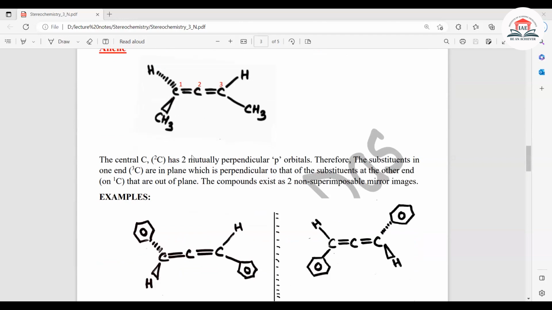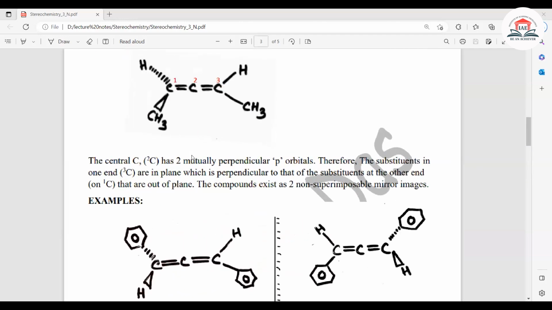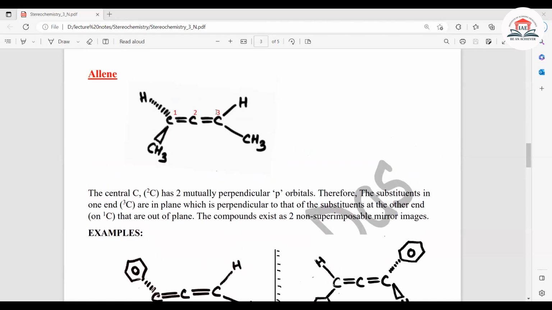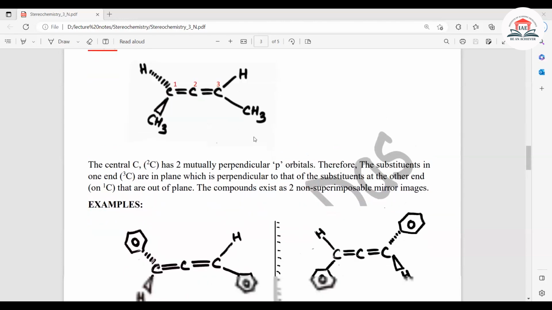So now we will go to this molecule. It is an allene molecule. Allene is a special type of molecule in which there are two double bonds adjacent to each other. So you can see that here we have the C=C=C linkage, and on carbon number 1 there is one H and another CH3 group, and on carbon number 3 also there is one H and another CH3 group.